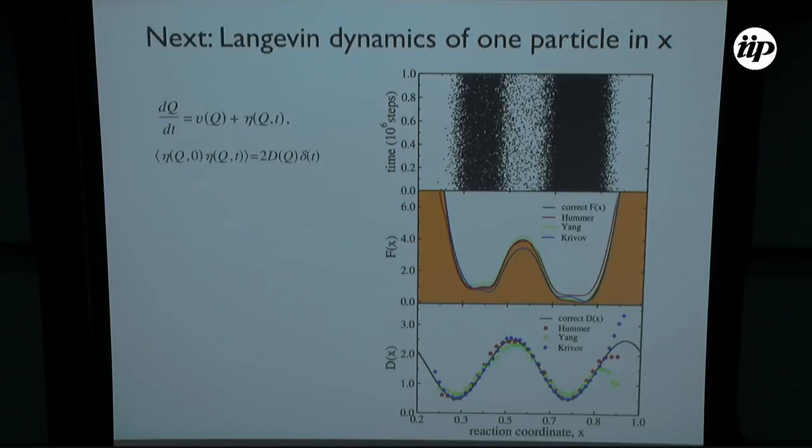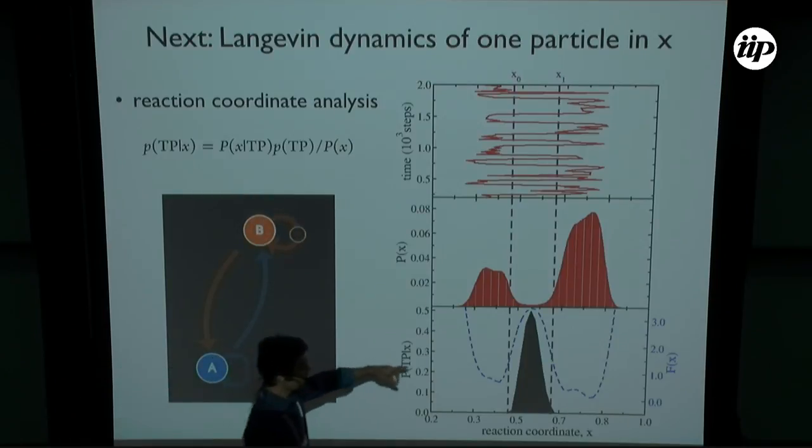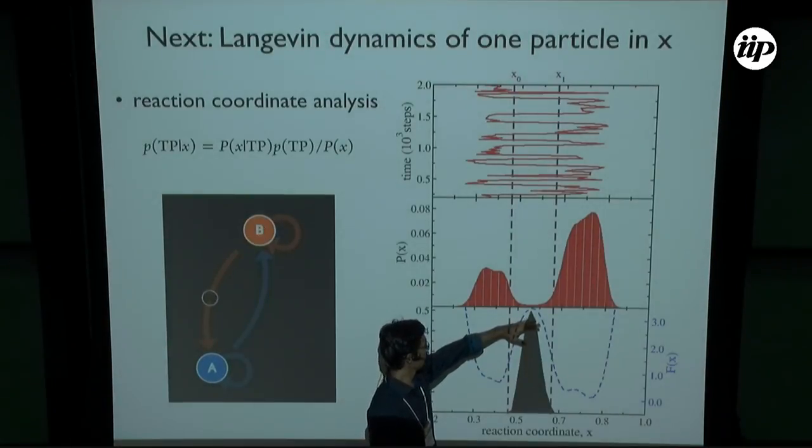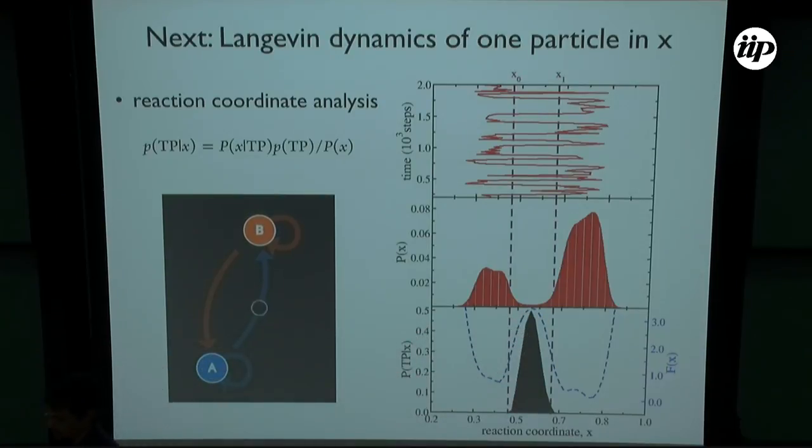With this, what we are doing now is transition path analysis. We want to see if the reaction coordinate that we are using is diffusive. The peak of P(TP|X) should be 0.5, meaning that half of the transition paths are reactive.